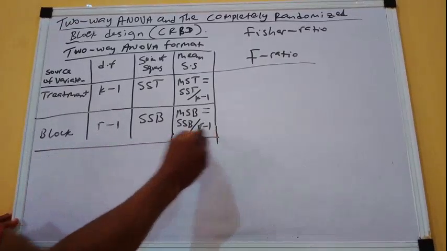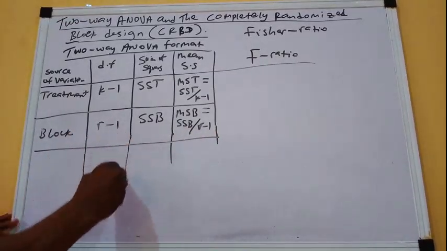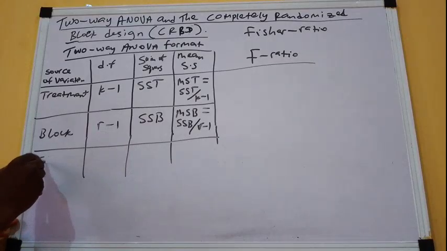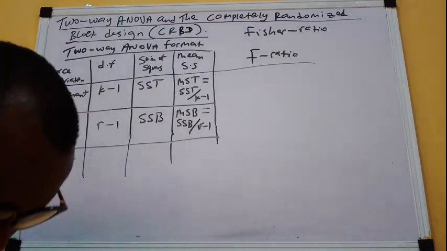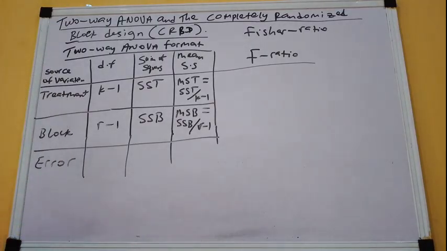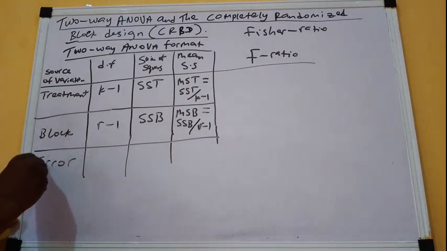Then of course, our next one is the error term. You always create room for the error. If you take a look at the statistical model for the two-way analysis of variance and the one-way analysis of variance, you see the error term is always there.